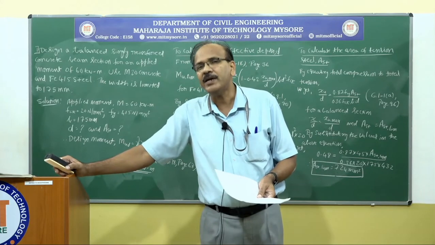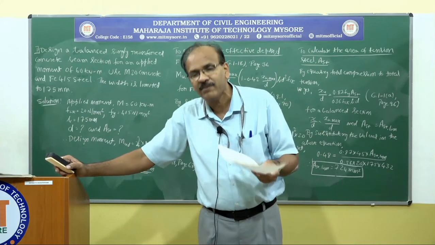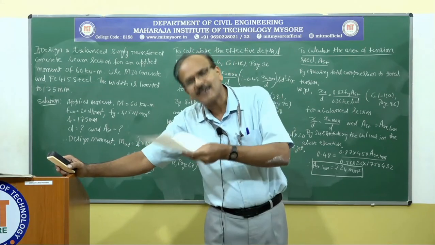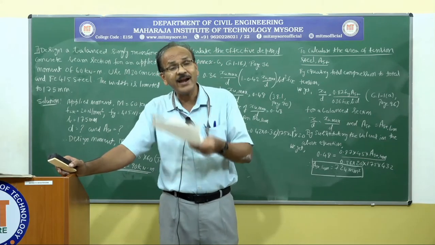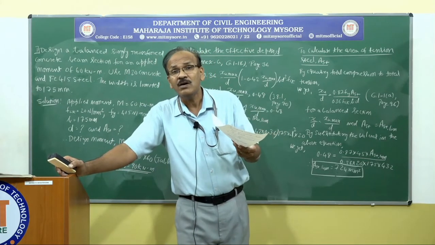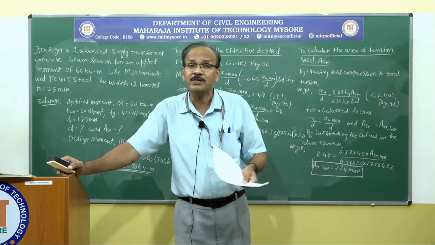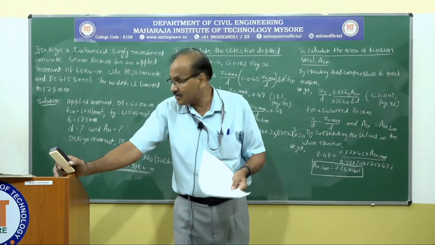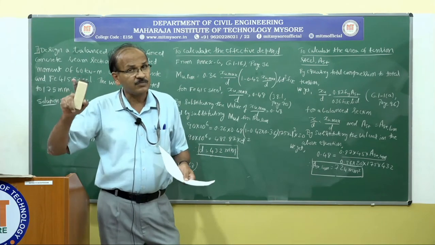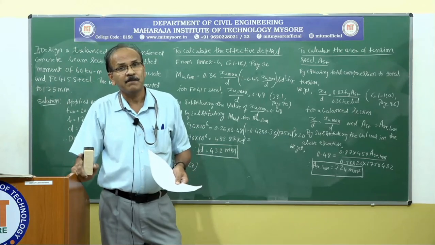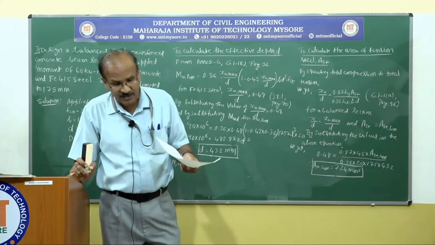That means concrete reaches its limiting strain value of 0.0035 at the same time as the tensile steel reaches its limiting strain value of Fy divided by 1.15 Es plus 0.002, as given in the code book on page 69 under assumption B and assumption F. That is a balanced section.